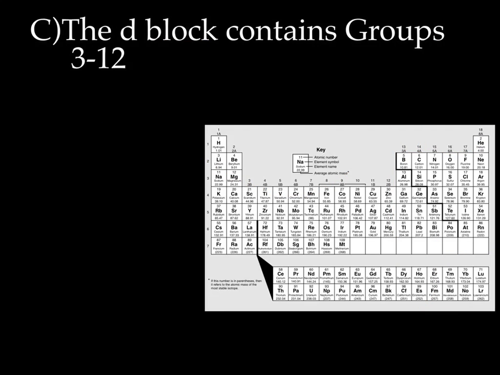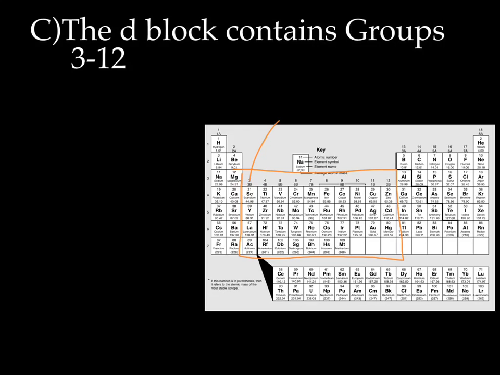Next we have the D block. The D block is this area right here. For the D block, we can't exactly say that the valence electrons end in d, because these poor guys can never be valence. Let me show you that real quick.